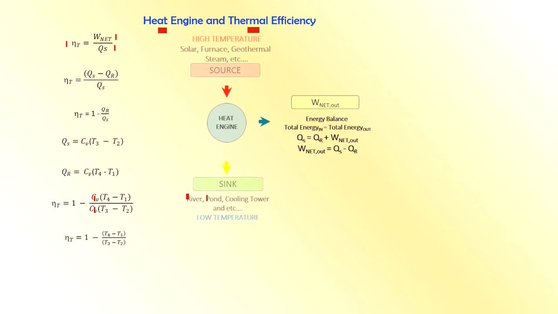Based on the energy balance, the energy input going into the heat engine must be equal to the energy output away from the heat engine, which is the net work out and heat rejected. So heat supply will be equal to net work out plus heat rejected. That is why net work out is equal to heat supply minus heat rejected. Hope you are clear with it.